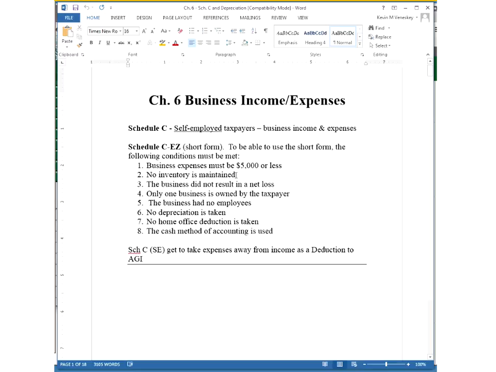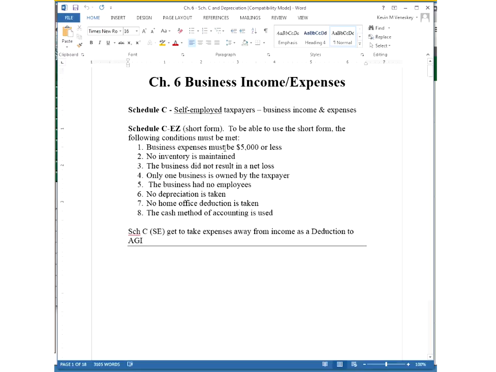But again, it has to be a pretty basic type of business. So not very much expenses at all. Basically, you're looking at a service type business because you can't have any inventory. You didn't have a loss, which hopefully most businesses don't have too much of a loss for very many years. Only owned by one person, so it's not a corporation, it's not a partnership.